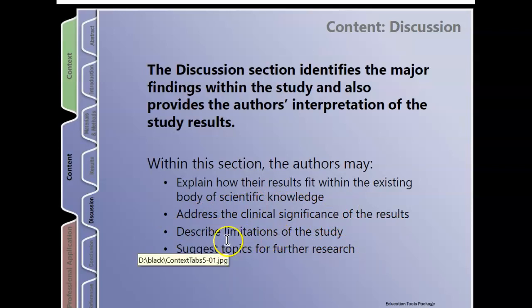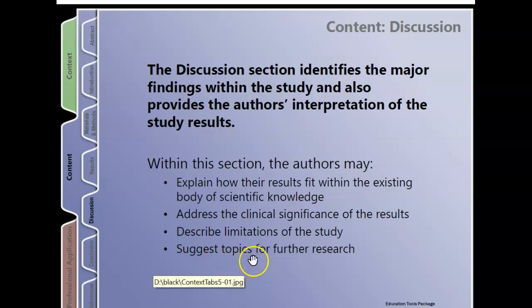So if the sample size was low, so let's say there were only 10 people that participated, they'll say that. They'll say that next time around, we should have 100 people participate. And so they'll say that the 10 participants is a limitation, small sample size, right? So small sample size means that there was a small number of people that participated. And typically, we like to see a large number of people.